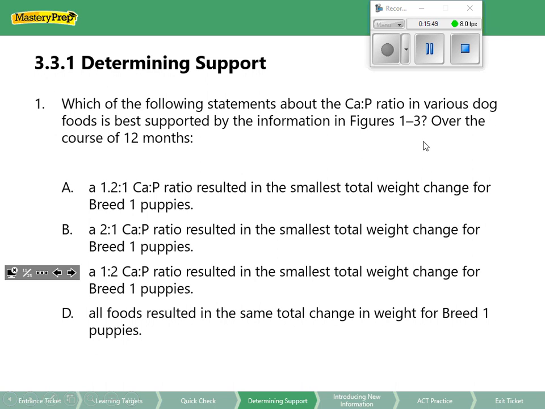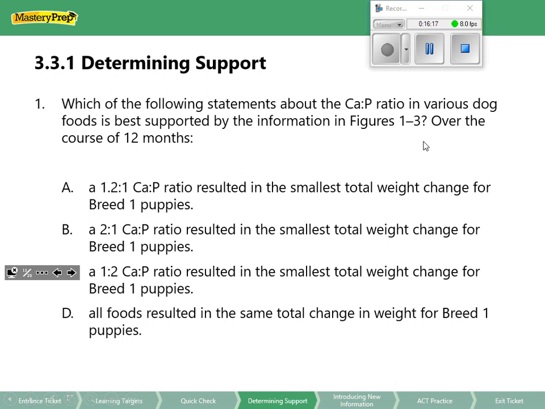2:1 CA:P ratio resulted in the smallest total weight change for breed 1 puppies. Well, okay, so figure 2. Breed 1, well, we just said that kind of overall was a smaller amount change, yes? Okay, so that could be it. Now, C, a 1:2 CA:P ratio resulted in the smallest total weight change for breed 1 puppies.